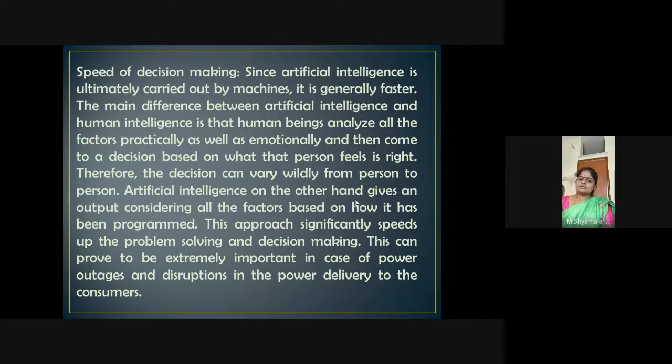If the person is strict, due to less emotional concern, the decision will be serious. But artificial intelligence doesn't have any such difference in mindset. So problem solving and decision making are significantly sped up in the case of artificial intelligence.